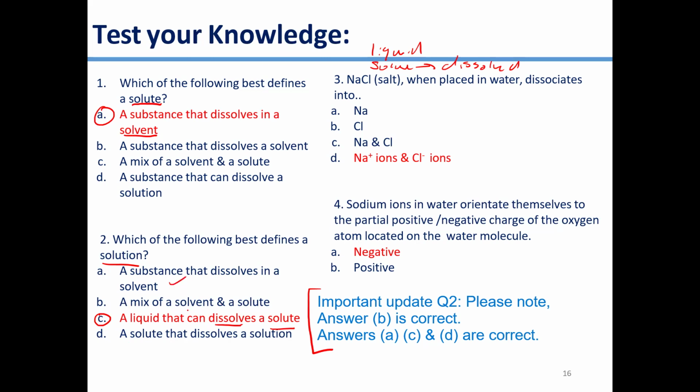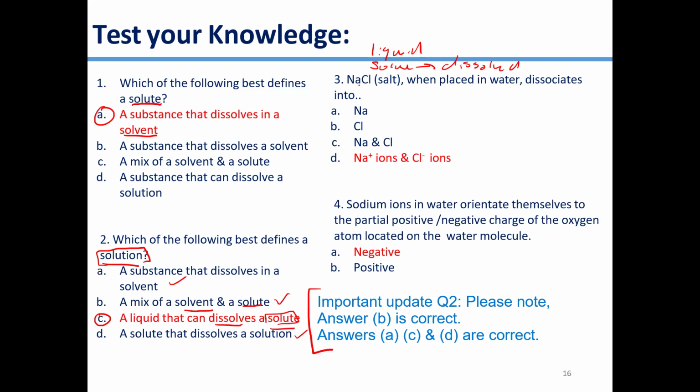A mix of a solution, so solvent and solute, is absolutely going to work. And then D, a solute that dissolves in a solution is going to work as well. In this case, the best way to describe a solution is a liquid that dissolves a solute. But again, A, B, and D are going to work as well.